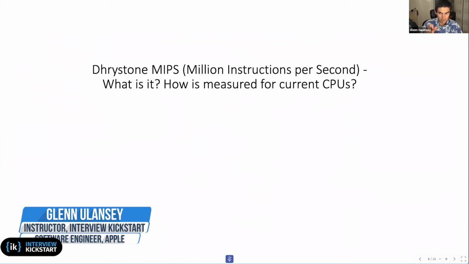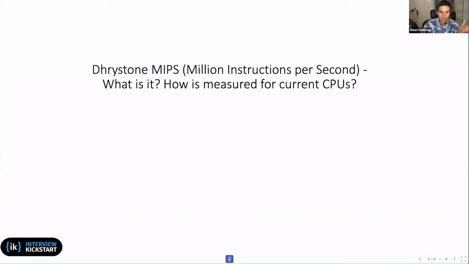This question might be more specific to the one person who asked it, but I figured it was worth mentioning as well, hopefully briefly. Dhrystone in this particular case is just a benchmark, a synthetic measure of processor performance.